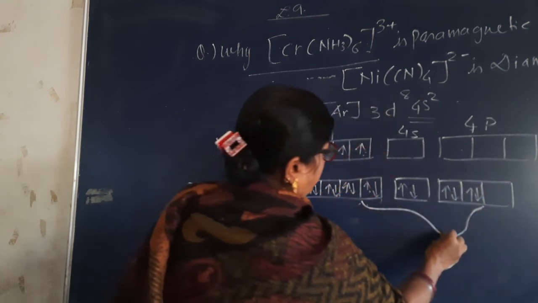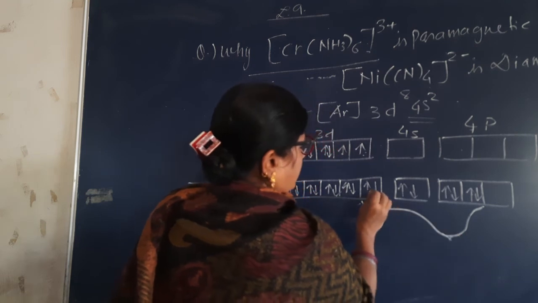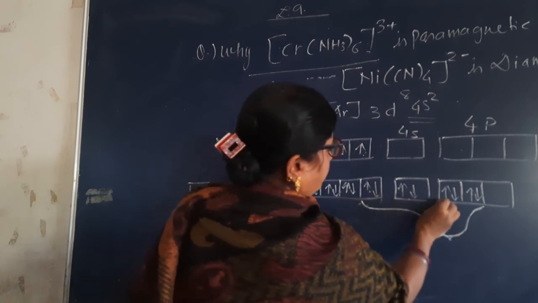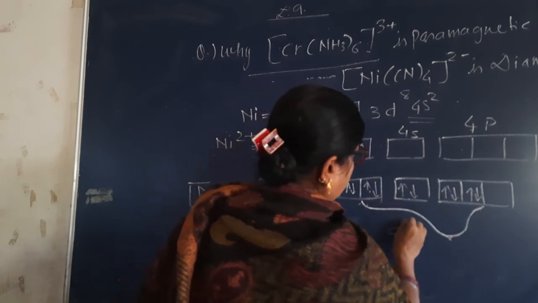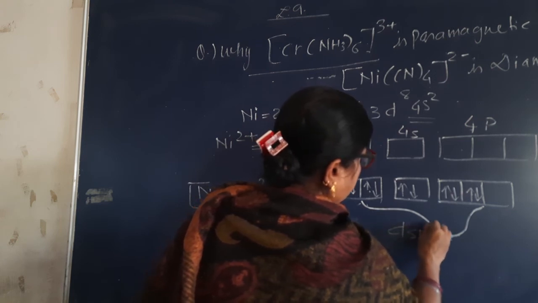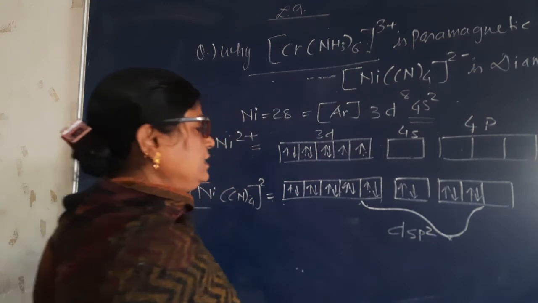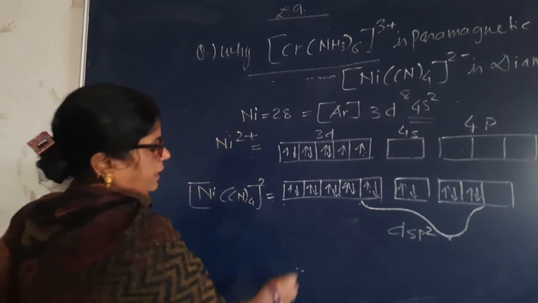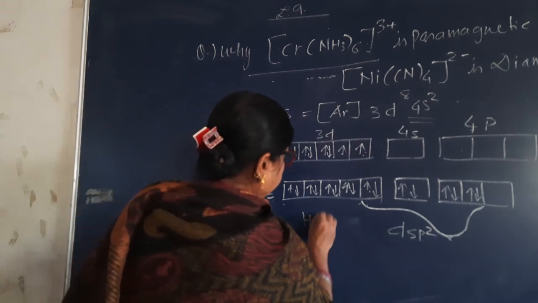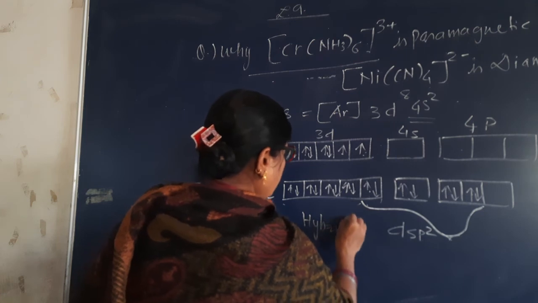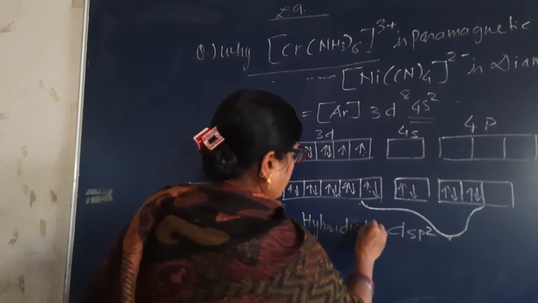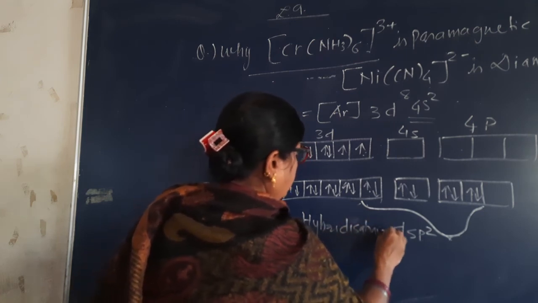Okay. So what is it? It is dsp2. 4 pairs of electrons: 1, 2, 3, 4. So hybridization will be dsp2.